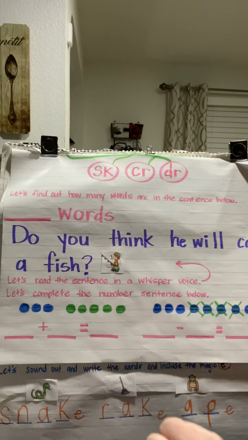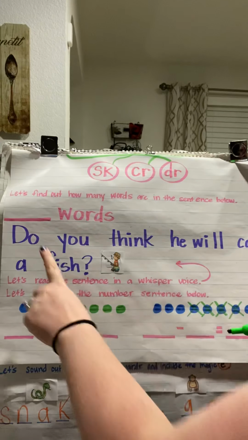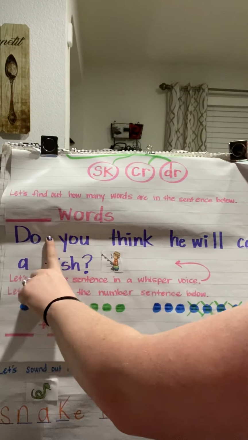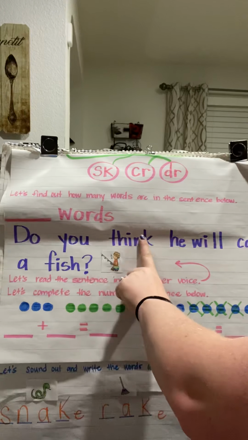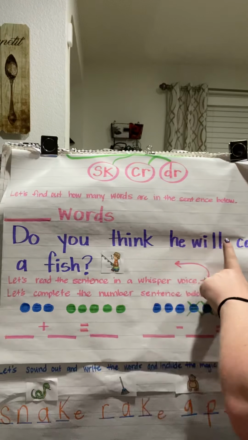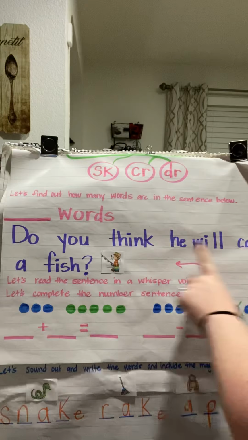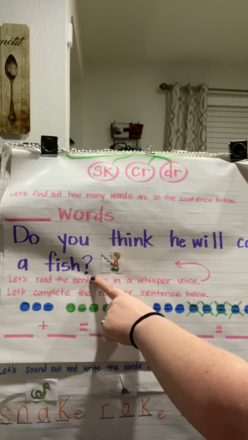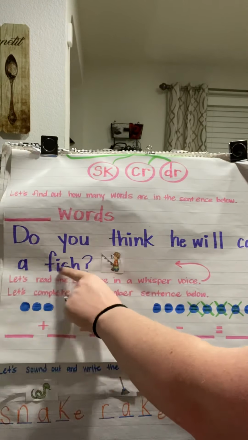So let's go ahead and count. Before we even read the sentence, let's count. So 1, finger space, 2, 3, 4, 5, 6, 7, 8, right?